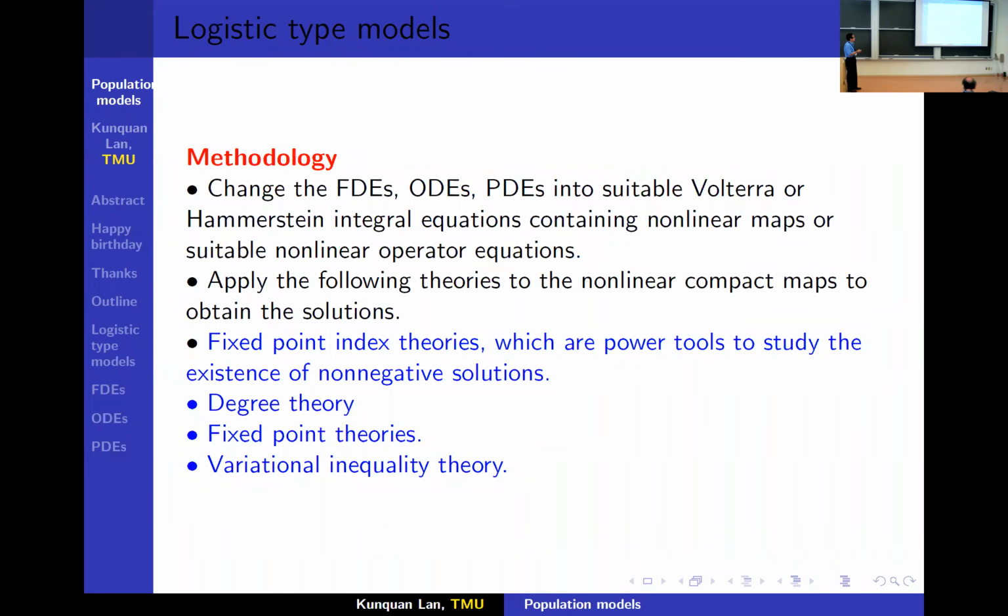The first is the fixed point theorem, used to find a non-zero, non-negative solution. Then degree theory, of course. Then fixed point theory, usually Banach contraction, and variational inequality. The last one is very new. How can you use variational inequality theory to get a non-zero, non-negative, positive solution?